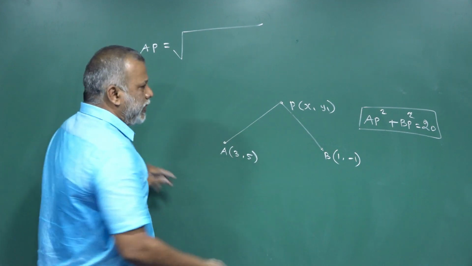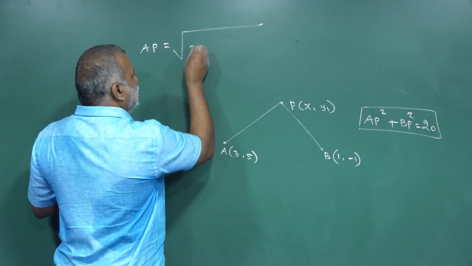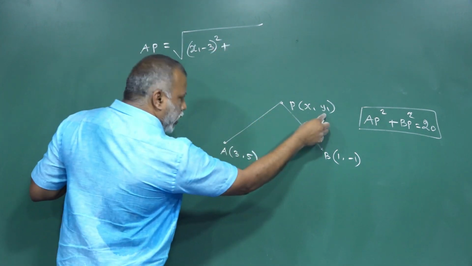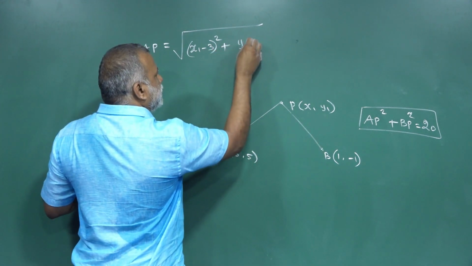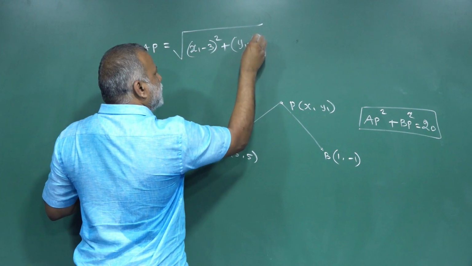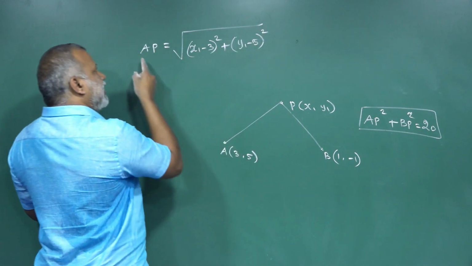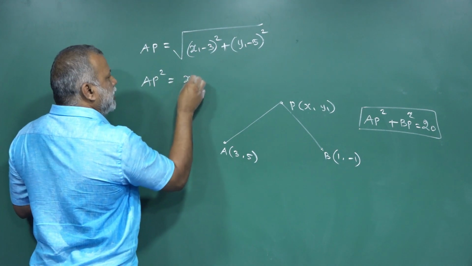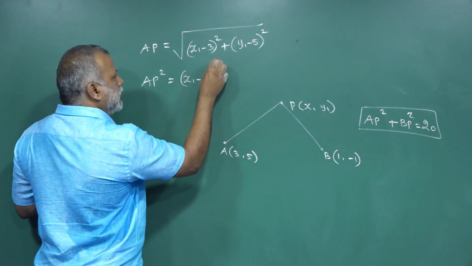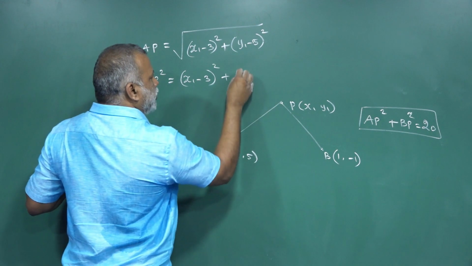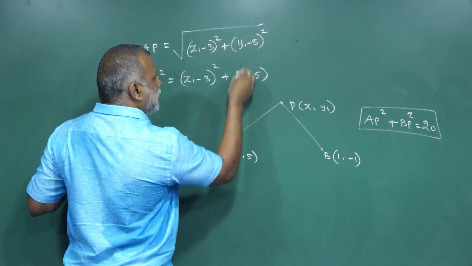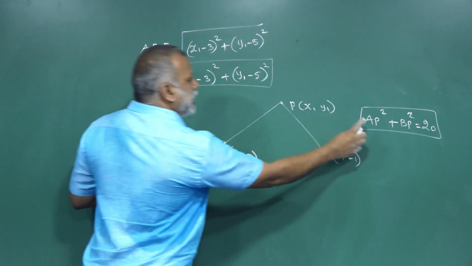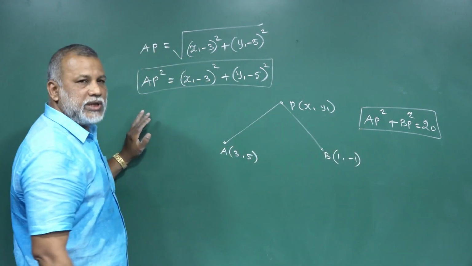Just use it now: x1 minus 3, the whole squared, plus y1 minus 5, the whole squared. We need AP squared. So AP squared is equal to (x1 minus 3) squared plus (y1 minus 5) squared. This is the first result.